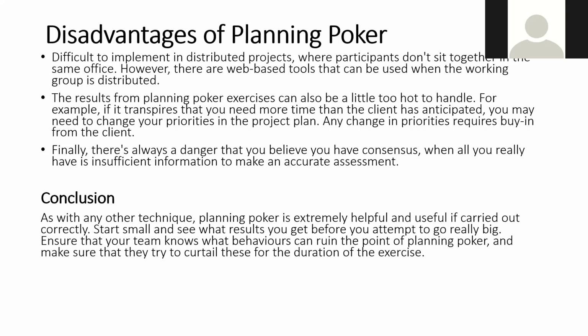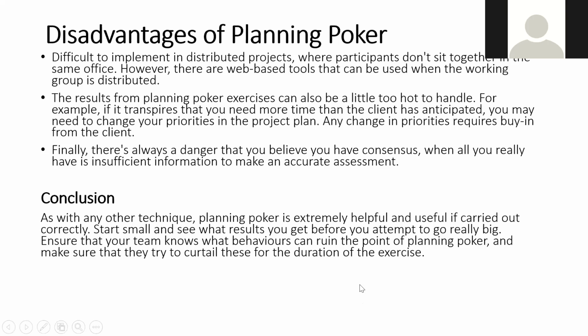So it's saying, if we have stories broken down into smaller parts, it makes planning poker easier. So the smaller the task is broken down, the easier it is for us to estimate using the planning poker method.